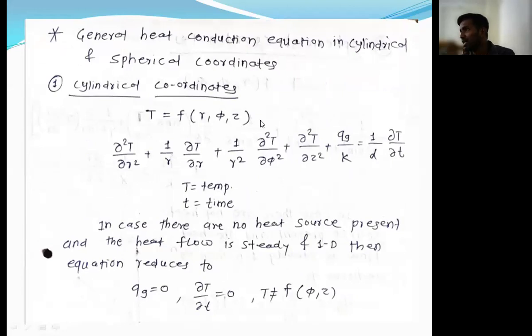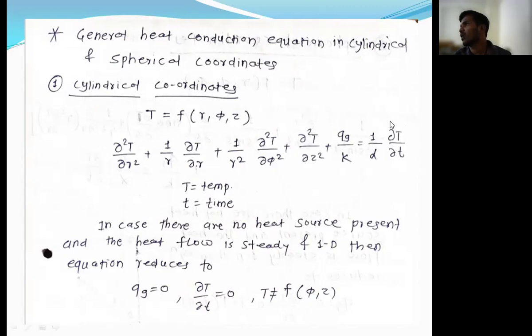How do we explain the cylindrical system? For that there are 3 parameters: R, phi, and Z. By using these parameters, we can explain the cylindrical coordinate system. After deriving, we get this equation, which is the final equation.